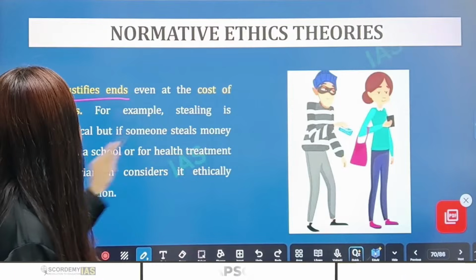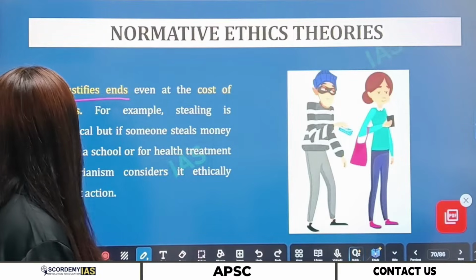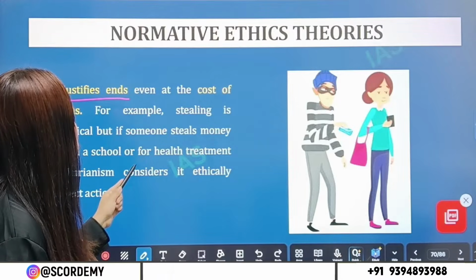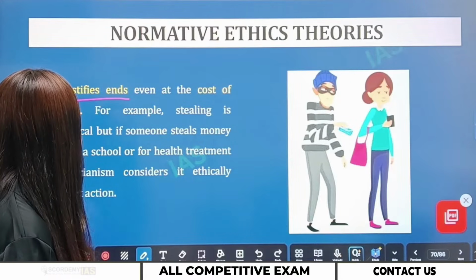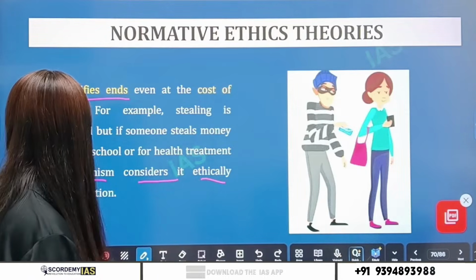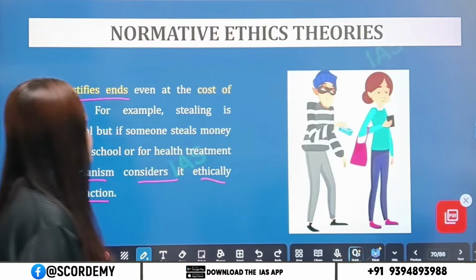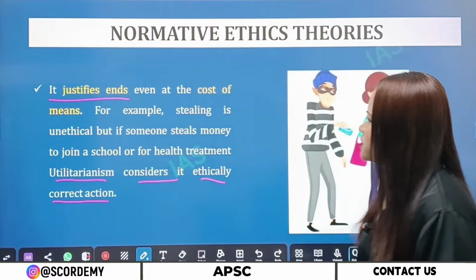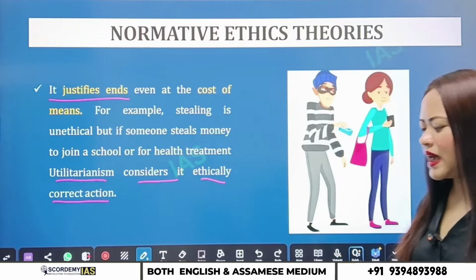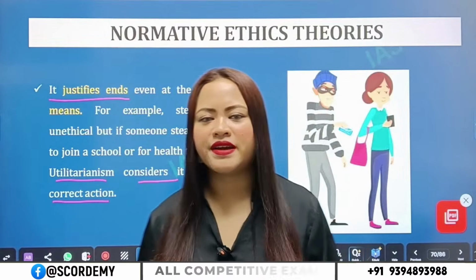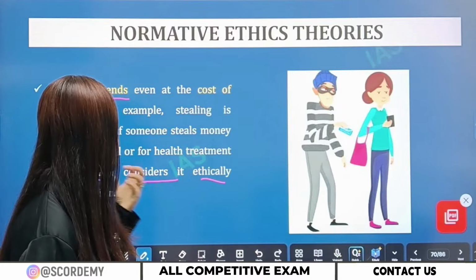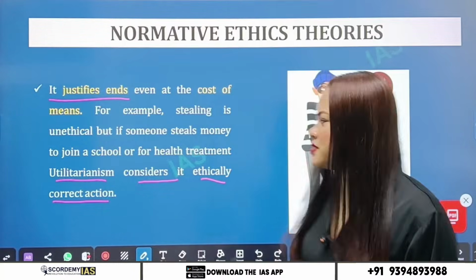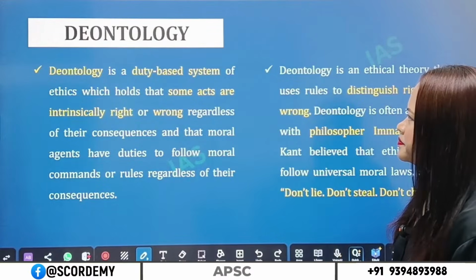For example, stealing is unethical, but if someone steals money to join school or for health treatment, utilitarianism considers it an ethically correct action. It justifies the ends even if the means is not right. It does not care about the means at all. It just cares about the outcome. If somebody is going to school, if somebody is getting a health treatment, that means it is correct according to utilitarianism.